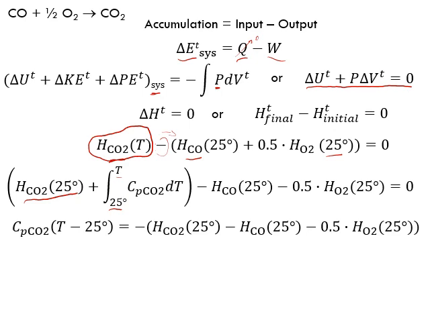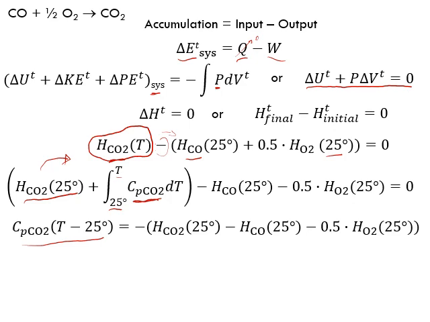Okay, let's assume we have a constant Cp or an average Cp. So we take it outside the integration, and then we have integration of dT is T evaluated from 25 to T. We get this term. Okay, and let's take this to the other side. So what do we have now?